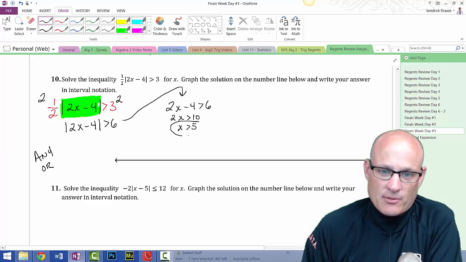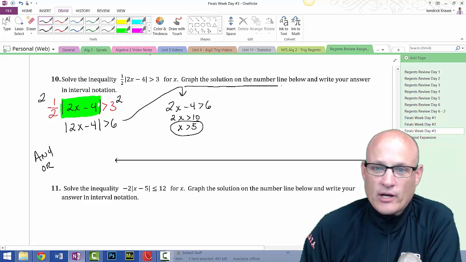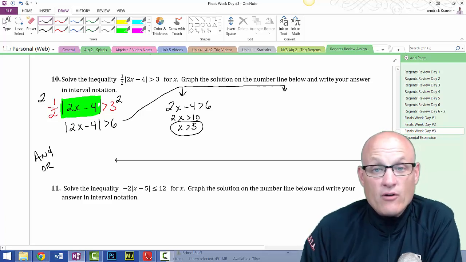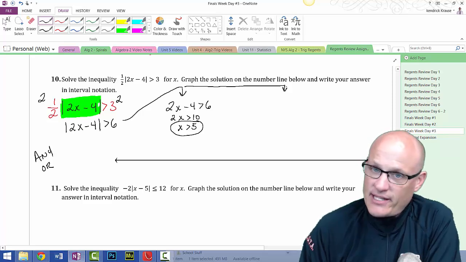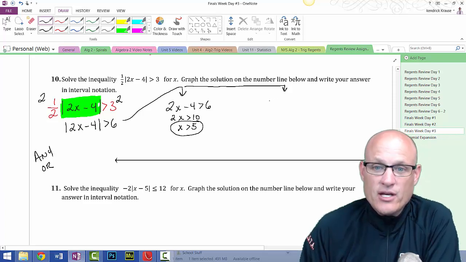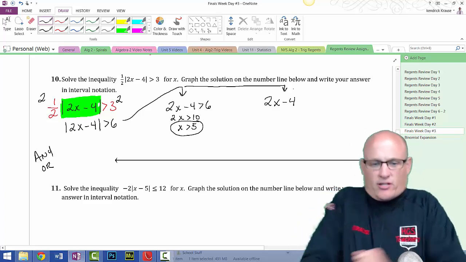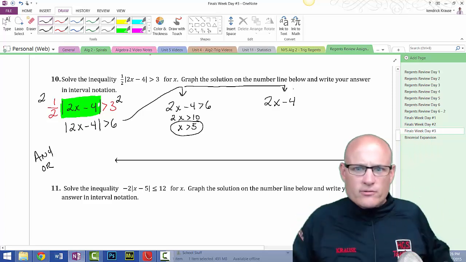That's part of the solution, but that's just the first equation. Now you have to solve the second equation. You have to deal with the negatives, because if I take the absolute value of a negative, it's positive. So you have to do two separate equations. Now, you don't mess with the left side. Don't touch the left side. Can't touch this.